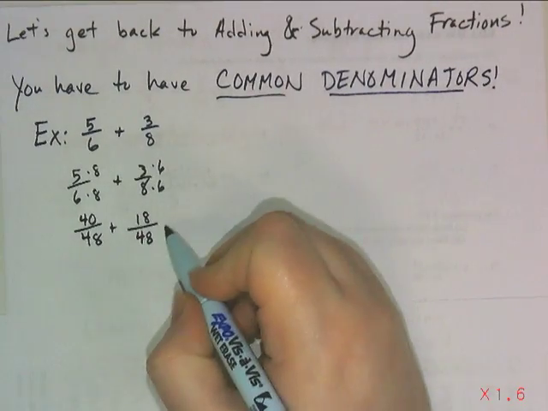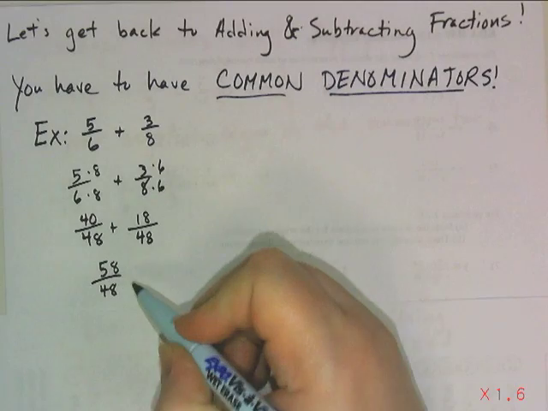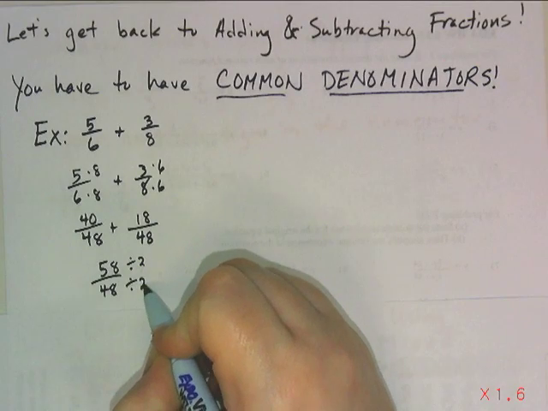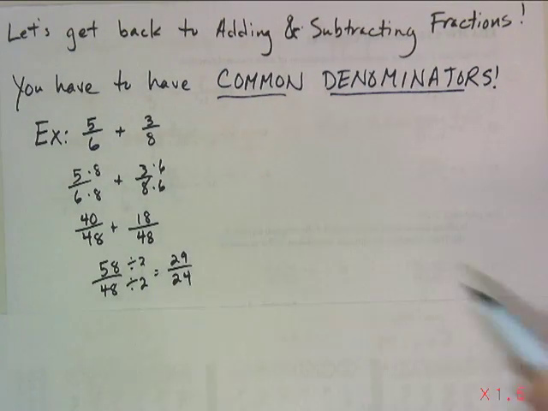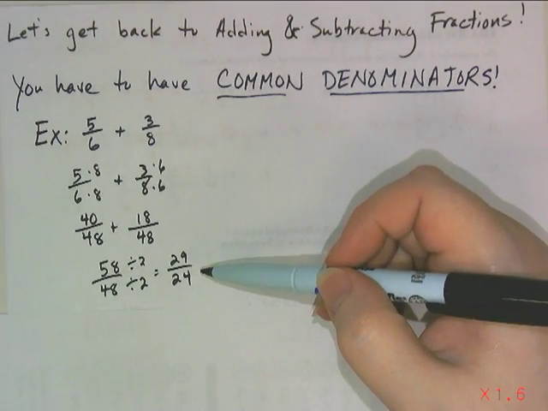That adds up, and that gives us 58 out of 48. Oh, but wait a minute, those are both even. I need to reduce both of those by 2, and that gives me 29 over 24. Those are relatively prime. I can't simplify that anymore, and I don't need to change it to a mixed number.